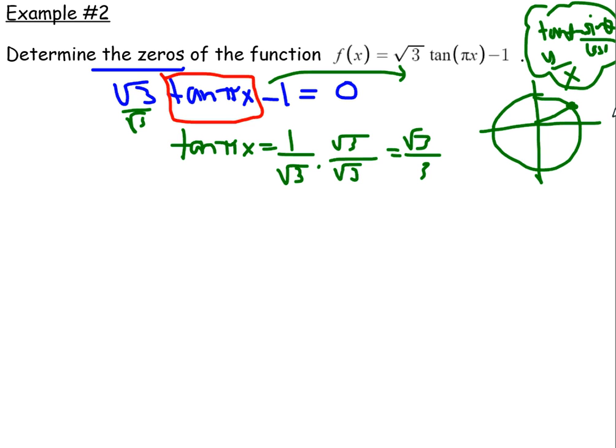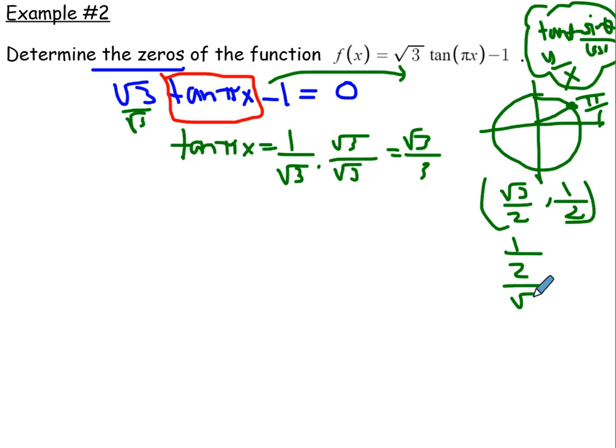So by looking at the different points, you're going to figure out that the point that works is at pi over 6 here, because at pi over 6, the coordinate is square root of 3 over 2 and 1/2. And if you do 1/2 divided by square root of 3 over 2, when you divide, you multiply by the reciprocal.